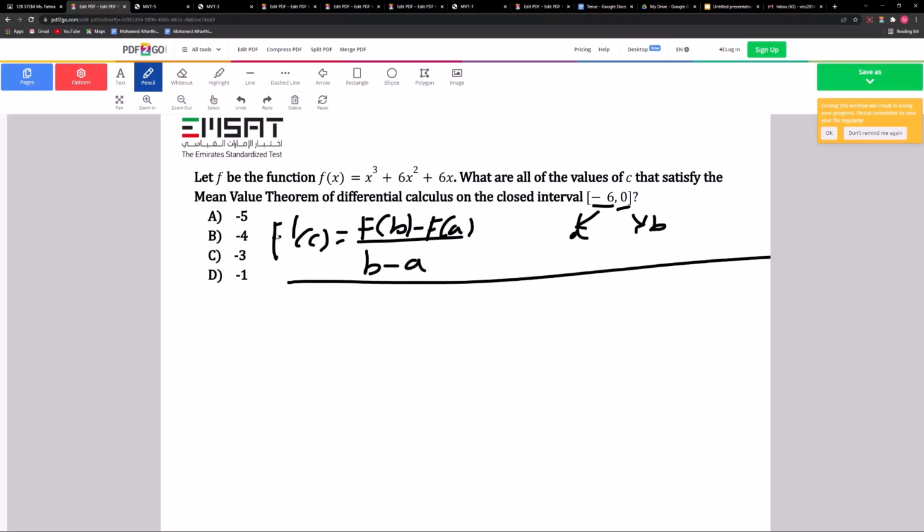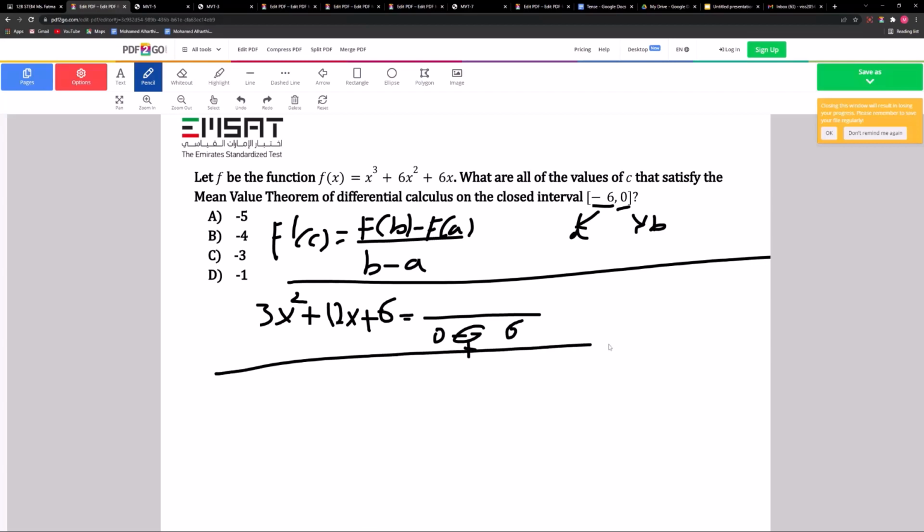As we know, f prime, which is the derivative, we take the derivative of f of x, which is 3x to the power 2 plus 12x plus 6, equals b minus a, which is 0 minus minus 6, which will give us a plus.